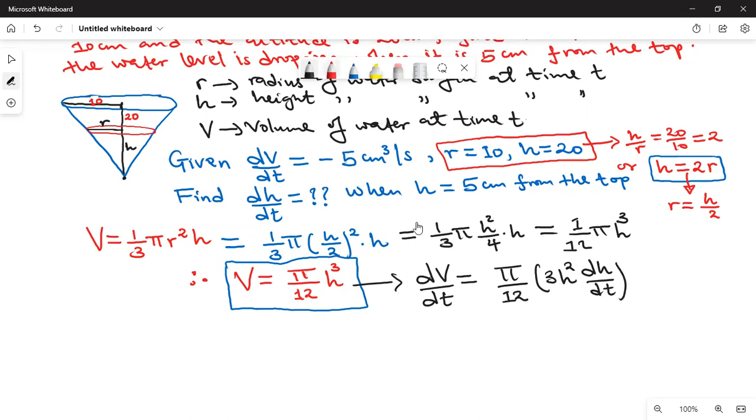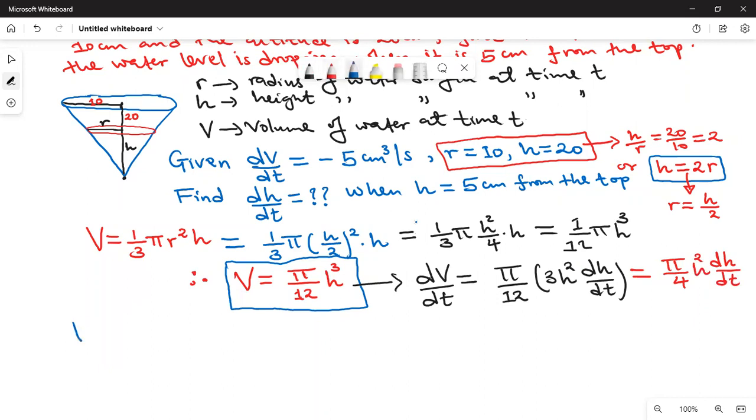So that's when you differentiate. And you see, you can simplify. When you simplify, you're going to get pi over 4 h squared dh/dt. Now, make dh/dt the subject.